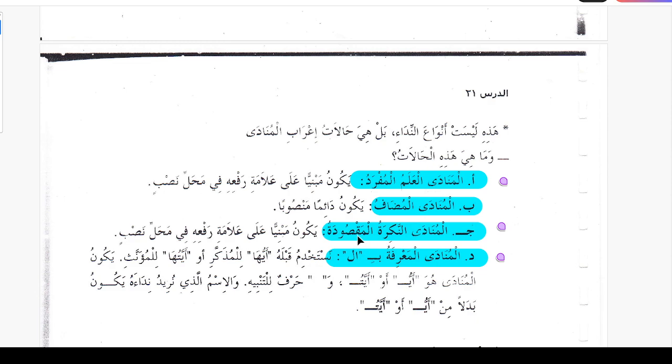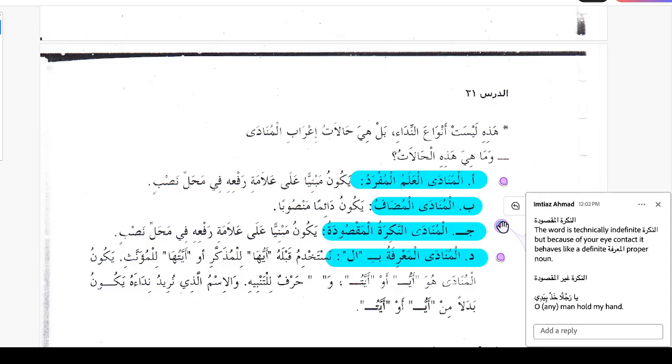So although you are calling a specific person, it comes as a nakira. Yakunu mabniyan ala alamat rafihi fi mahallin nasbin. So this is the same way, the mabni with the sign of rafa in place of nasab. So I have some explanation here.